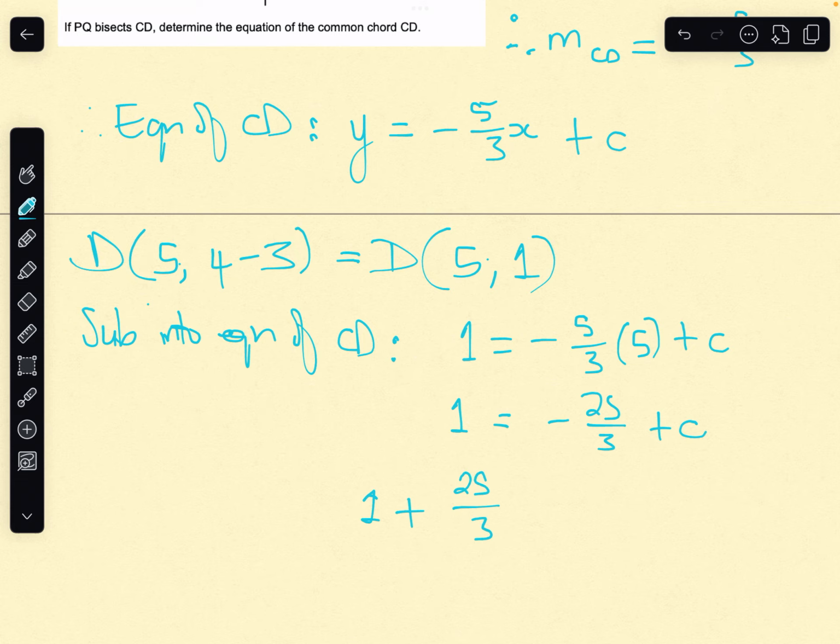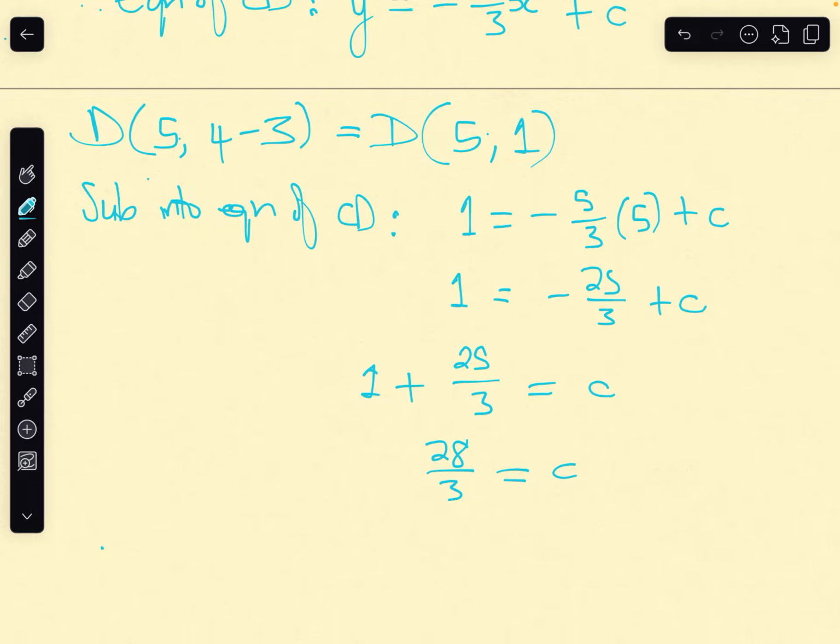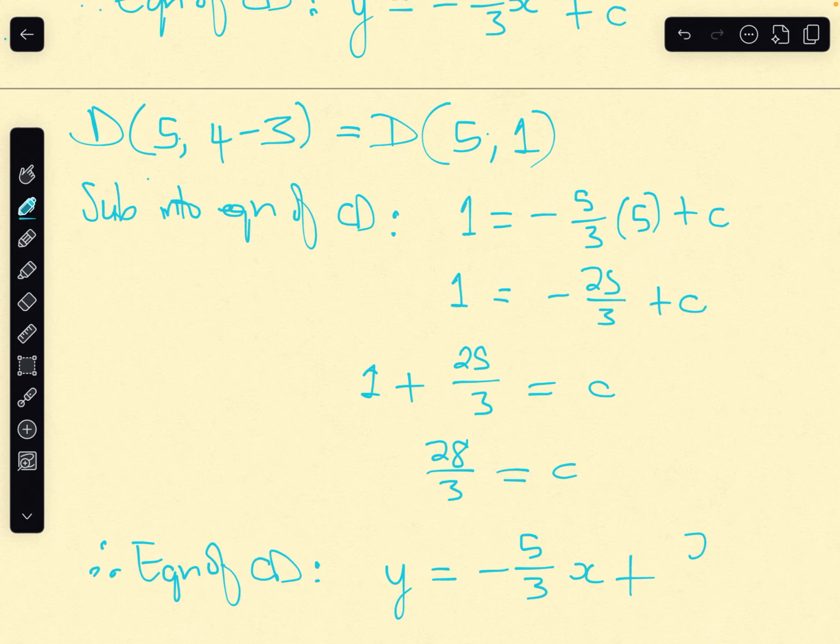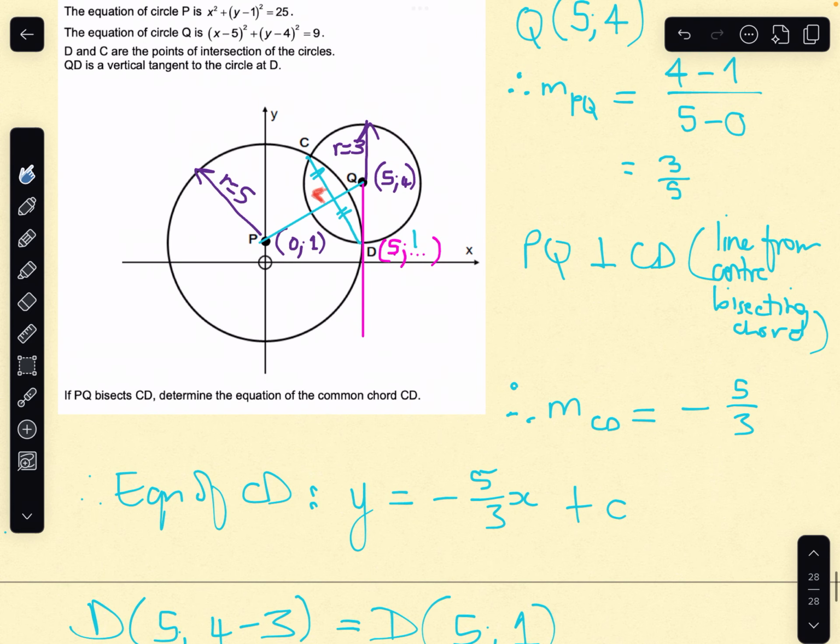But yeah, we've got 1 plus 25/3 is equal to C, and I think that's just then 28/3 is equal to C. And so therefore, the equation of CD would be y is equal to minus 5/3x plus 28/3. Right, so that would be my answer.